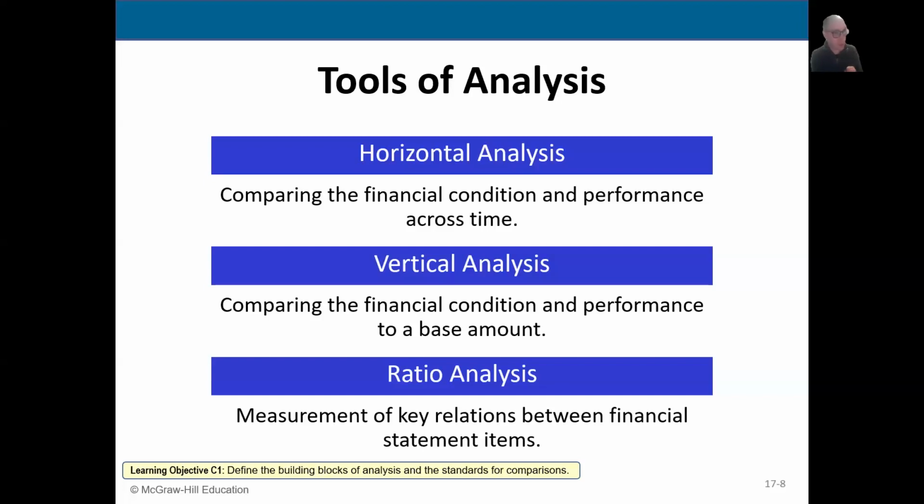Total assets is 100%. And so I take the amount of an item on the balance sheet and I divide that by total assets, multiplied by 100, to get the percentage of total assets. That's vertical analysis, looking at it vertically, comparing it to a base amount.